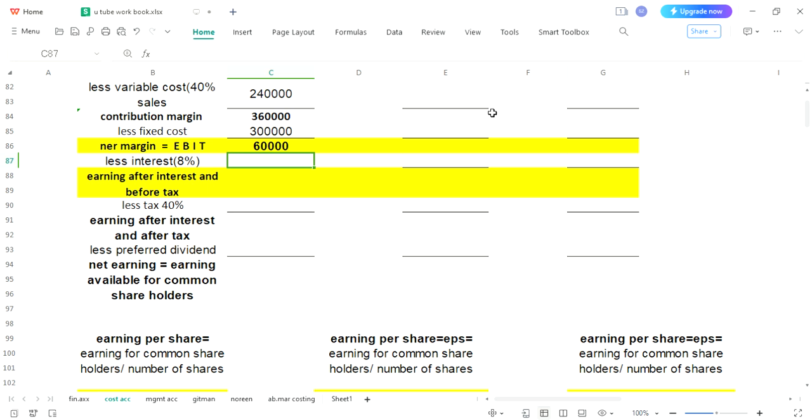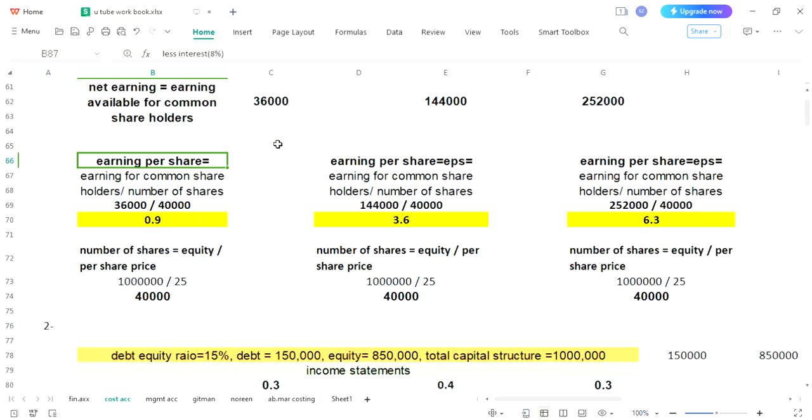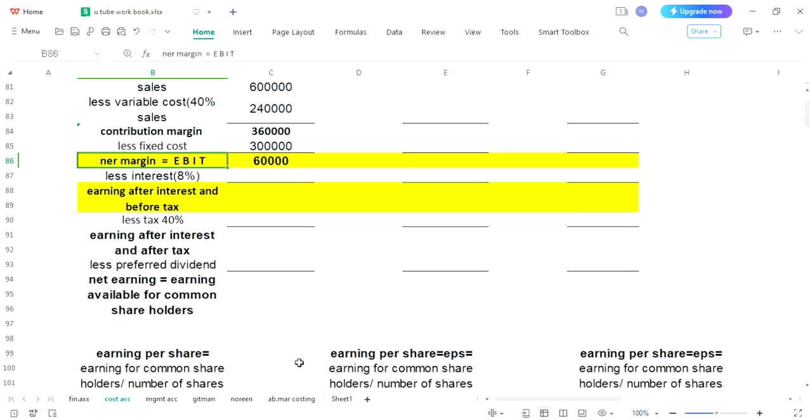Here the amount of interest would be calculated. We need to apply the 8% rate upon previous income. Your EBIT or earning before interest was 60,000 and you will be calculating 8% for amount of interest. So we have got our amount of, no, we need to put interest upon the amount of debt, and that is 150,000.